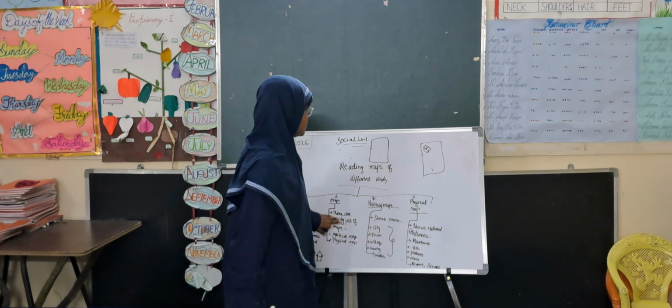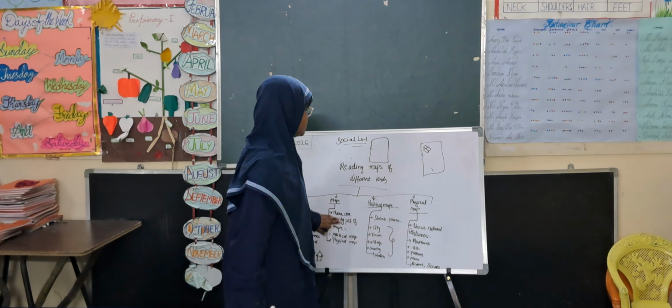So from understanding all these topics, we can say that they are about maps, symbols, and the different kinds of maps. How do these maps help us? What do they show? What are the features?